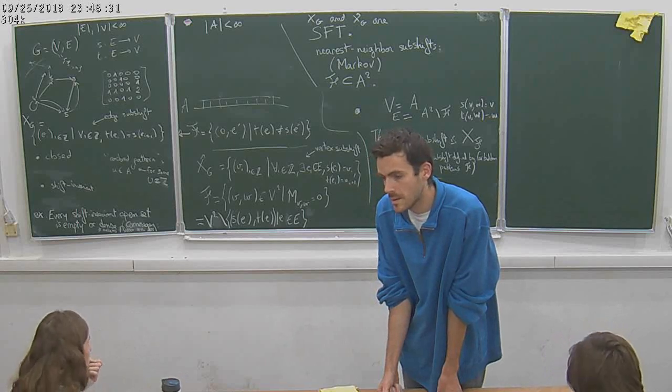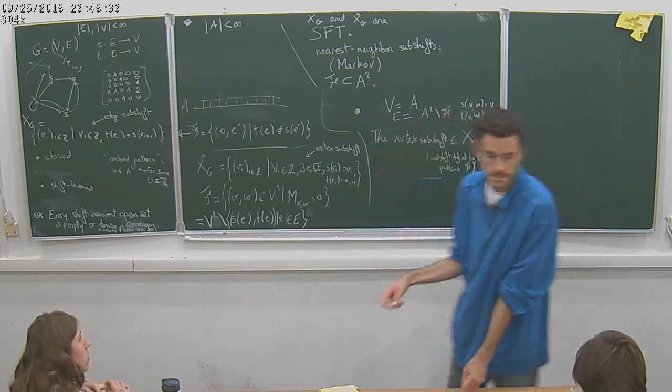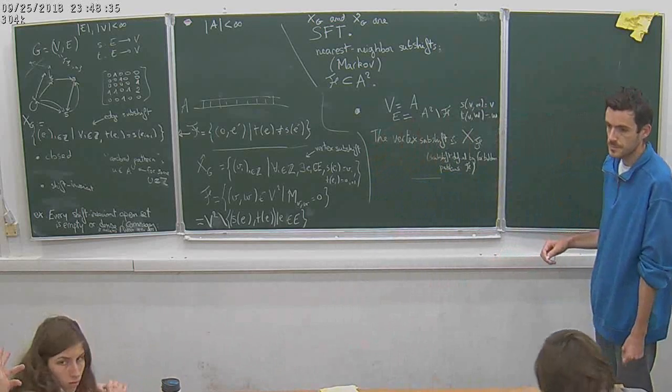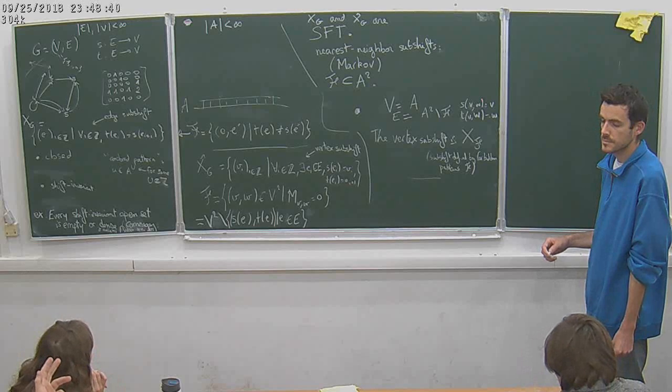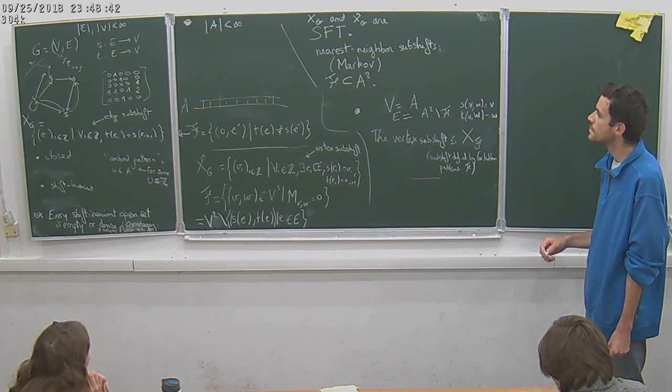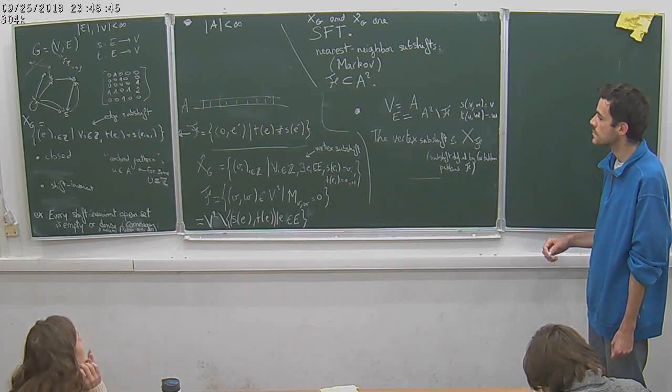It just glues them together. So it's logical that if you take a graph with multiple edges and apply this operation, you get a graph with one edge between every pair. It will have the same vertex subshift.